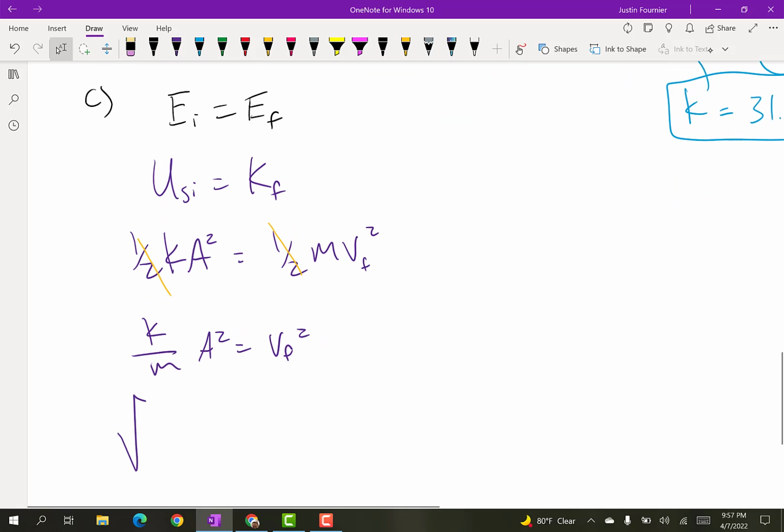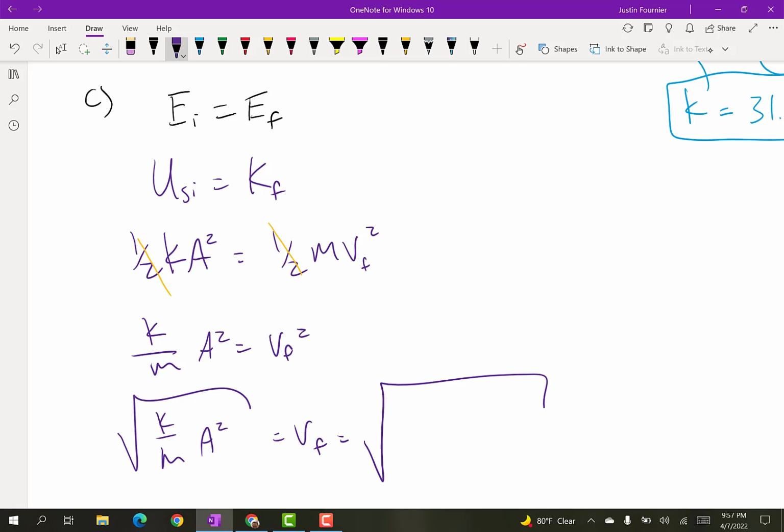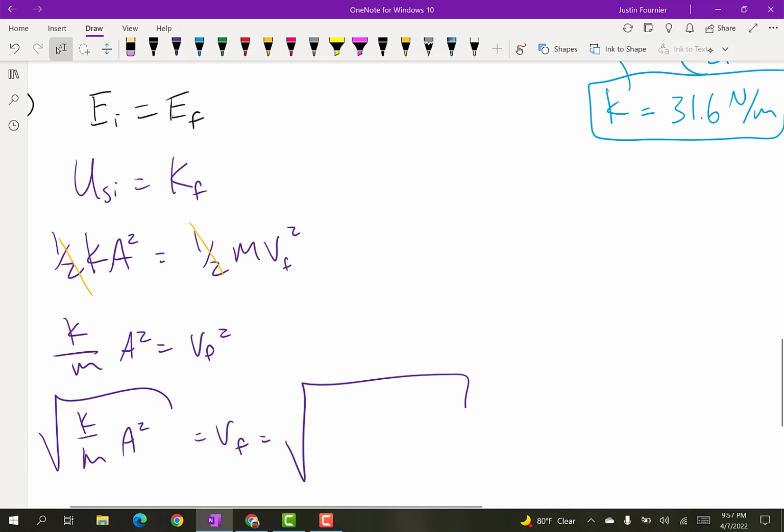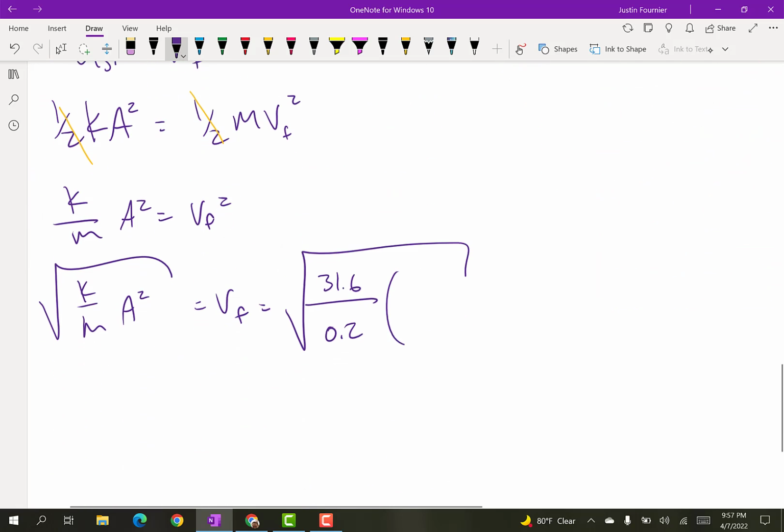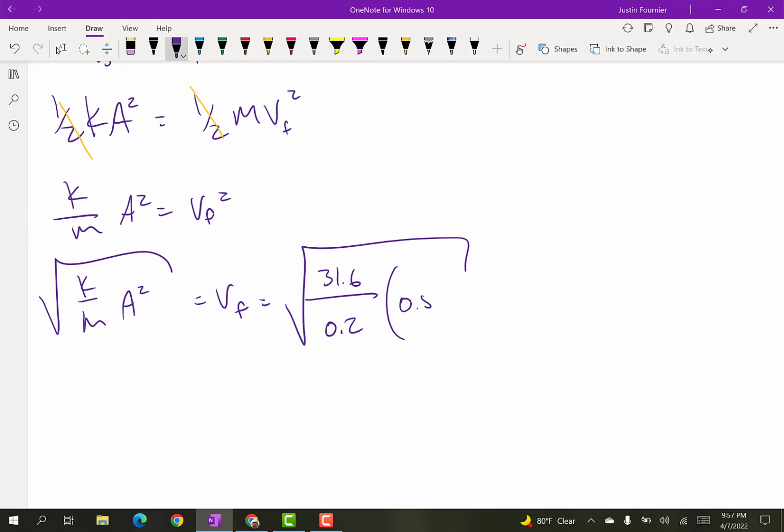Take the square root of both sides. It's going to give me the square root of k over m, multiplied by A squared. That's going to give me the final velocity. So it's the square root of k, which is 31.6, divided by my mass, which is 0.2, multiplied by my amplitude, which I found to be 0.0554, squared.